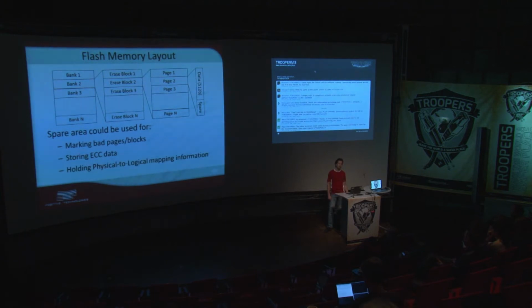So if you have only one wrong bit in a page, you can still use this page using error correction algorithms. And sure, this spare area can be used for holding physical to logical mapping information, because there is a mapping layer due to the physical properties of flash: we can't write to the same sector every time we need to modify it.